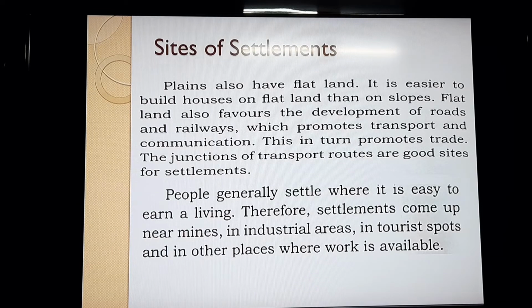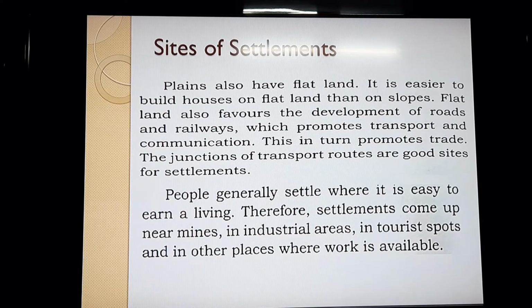Another thing about settlement: people generally settle where it is easy to earn a living. Therefore, settlements come up near mines, in industrial areas, in tourist spots, and in other places where work is available.